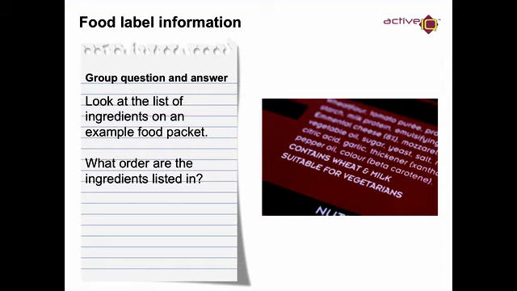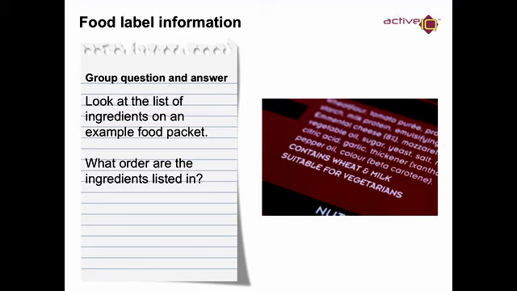If I've got a tin of tomato soup, for example, I want tomatoes to be the first ingredient on that list, because I'm expecting the vast majority of that product to be made up of tomatoes. Essentially that's the way all food labelling works.